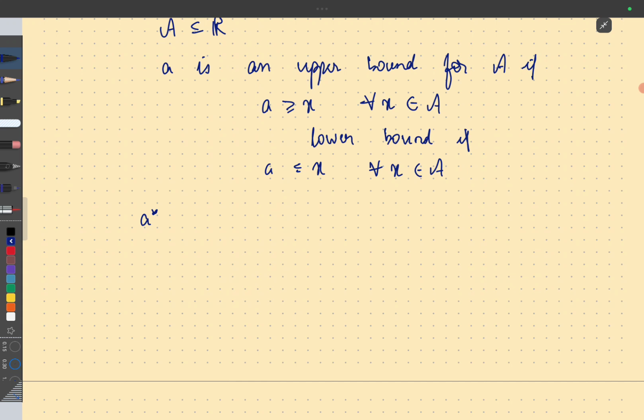Now we say that a star is equal to the supremum of A if a star is the smallest possible upper bound for the set A. That is, if a star is greater than or equal to x for all x in A. So a star is actually an upper bound, and it's also the smallest possible upper bound.